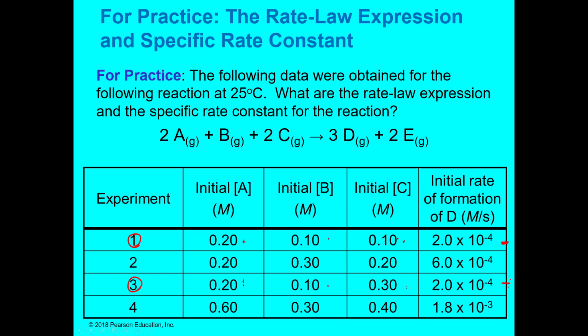So without even doing any math, I know if I tripled this concentration, everything else stayed the same, it had no effect on that reaction, so I know that that's a 0. Okay, so it's 0th because it has no effect on it. And so I don't have to worry about C because it has no effect.